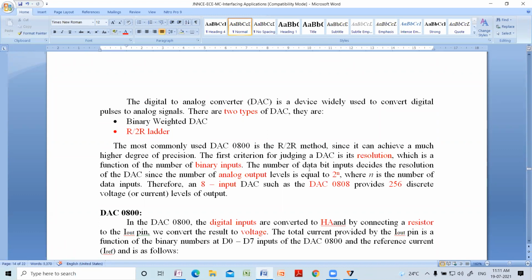So DAC 0800 is a family which uses a resistor ladder network, whose output depends upon how many bits of digital input you are giving. Suppose you are giving an n-bit digital input, 2 power n is the number of output levels. And the output will be in terms of current.